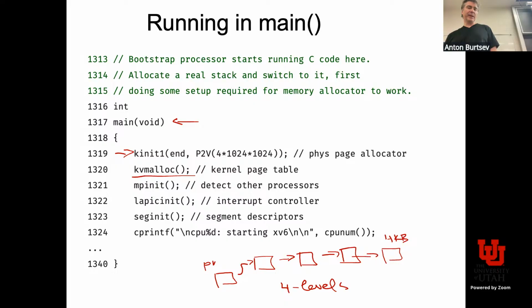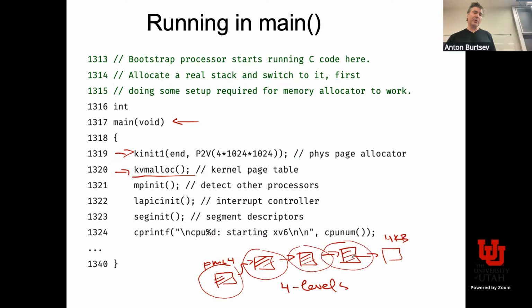So it will be PML4, PML3, PML1, and so on.